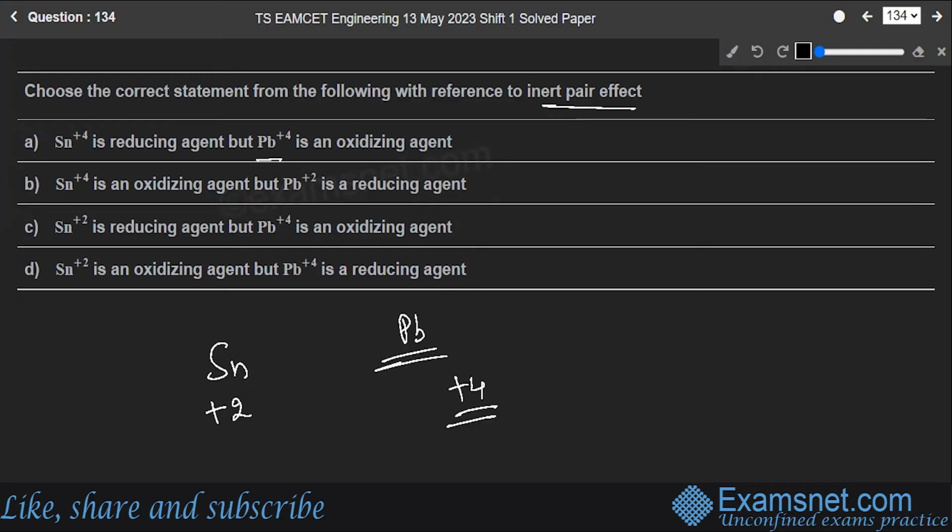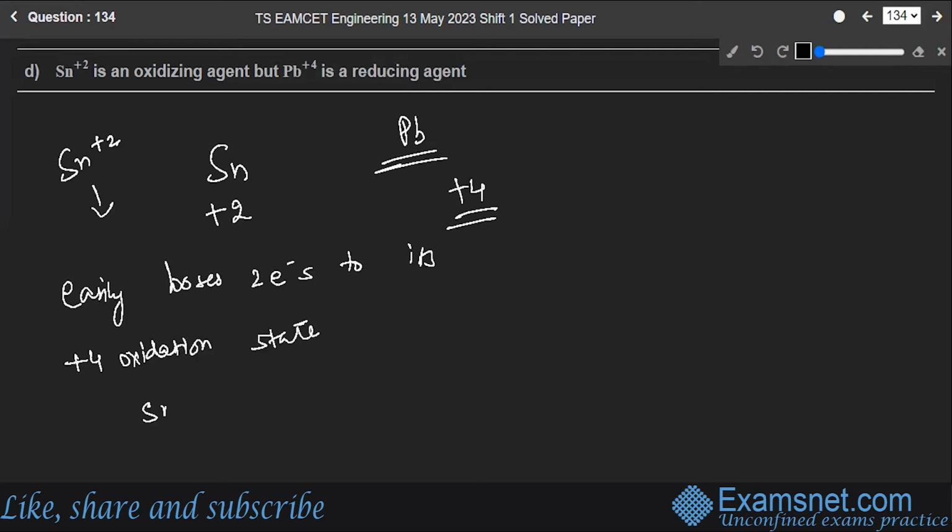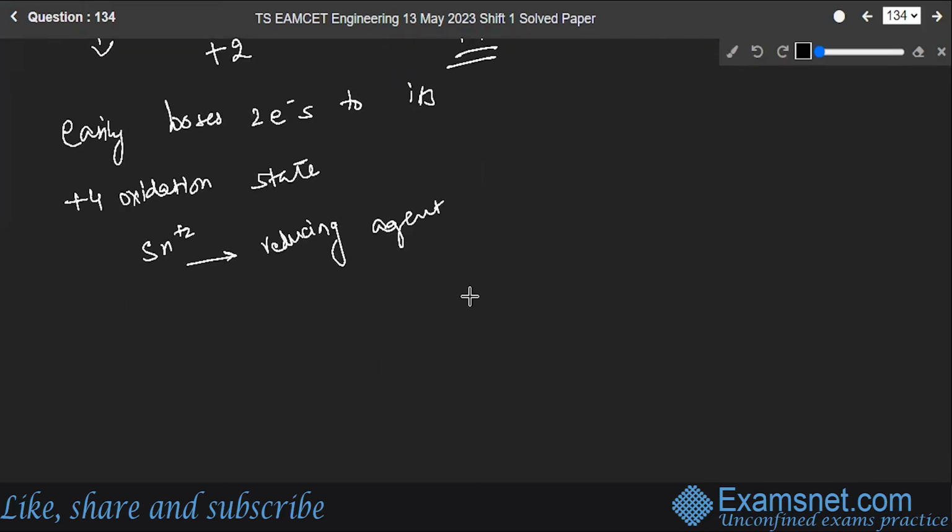Hence, Sn plus 2 easily loses 2 electrons to its plus 4 oxidation state. Hence, Sn plus 2 is a reducing agent. That makes the equation Sn plus 2 becomes Sn plus 4 after losing 2 electrons.